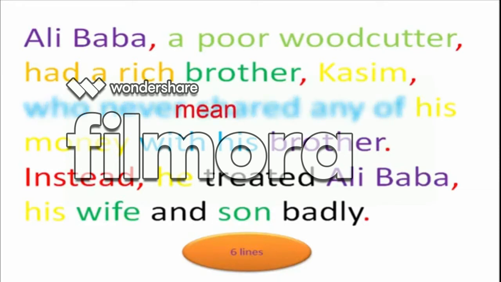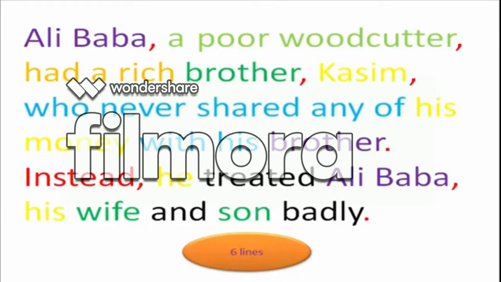Read again. نقرأ مرة أخرى فنقول: Ali Baba had a rich brother called قاسم. نضع نقطة. He was، كان من قاسم.